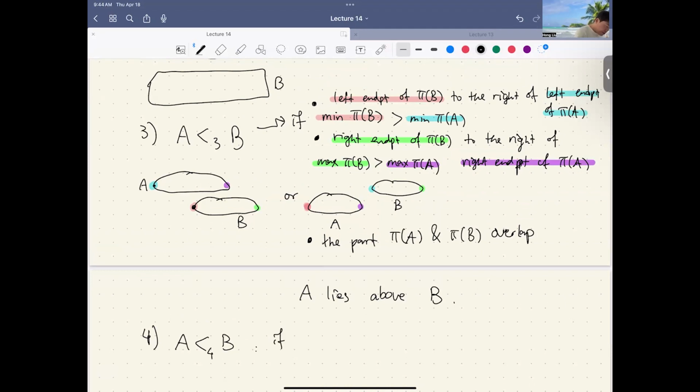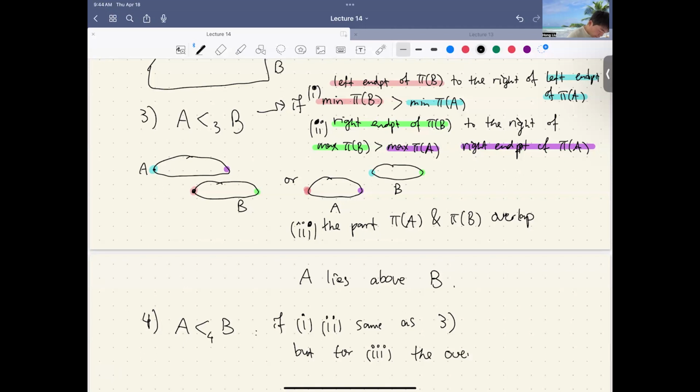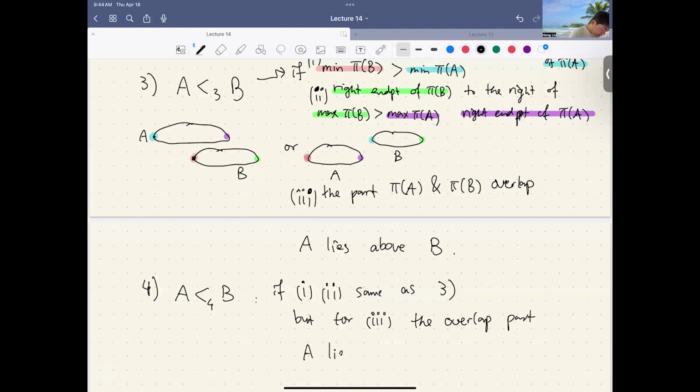If 1, 2, same as 3, but for 3, the overlap part, a lies above b, below b.